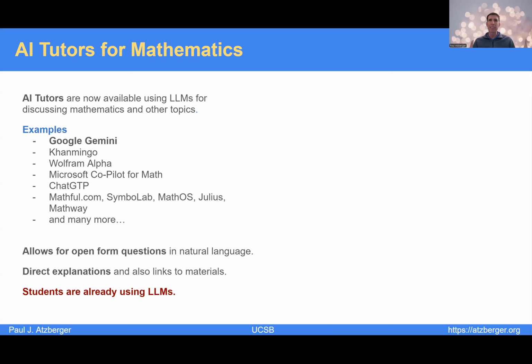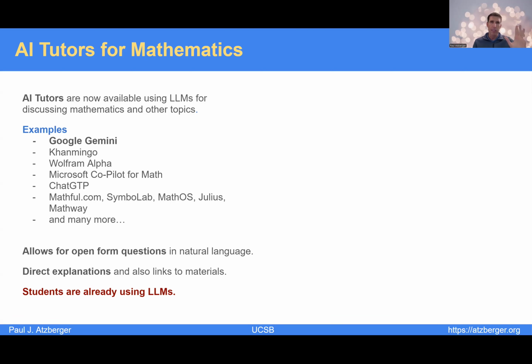Now, of course, with all that said, we know LLMs have a lot of limitations currently. They make up explanations and so on. So the question really becomes, how do we best leverage the current state of this technology and make our students aware of those limitations? That's what I'm hoping to get a few suggestions and hear people's thoughts about in this discussion.